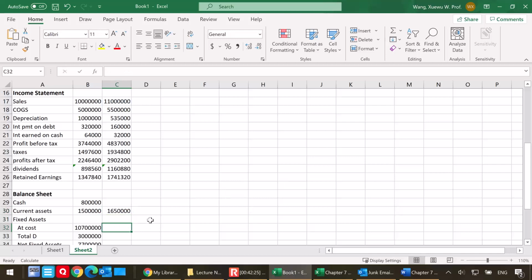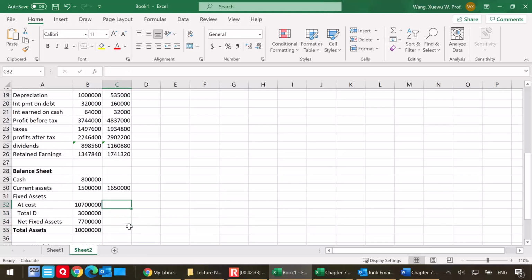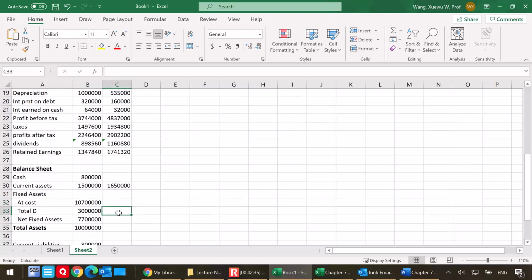So now what should you do? This is the total fixed assets, and if you don't know what to do, move on to total depreciation. Total depreciation is what you have depreciated as of last year plus what you are going to depreciate over this year.